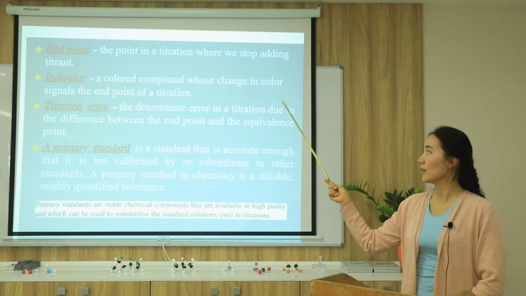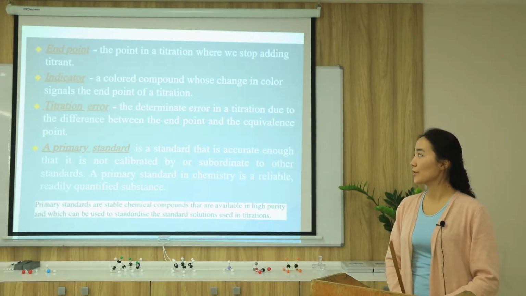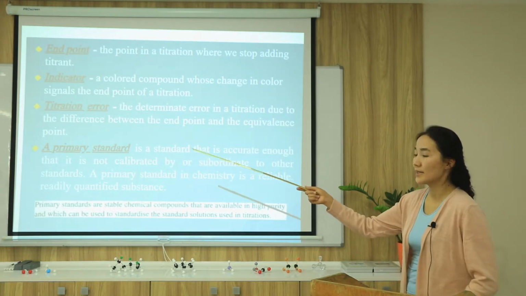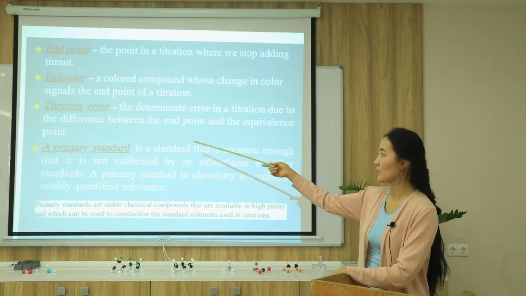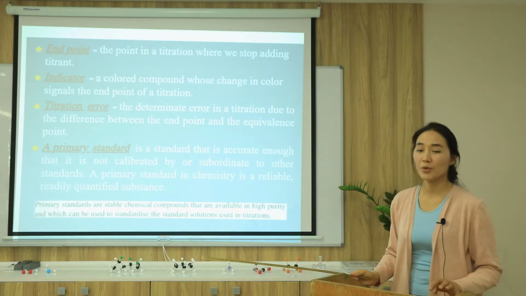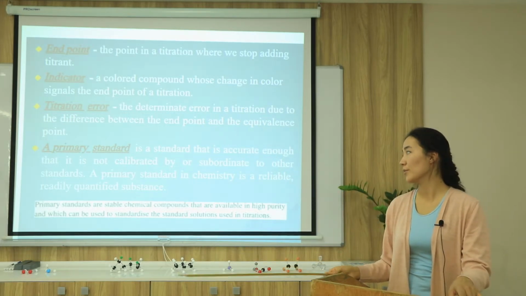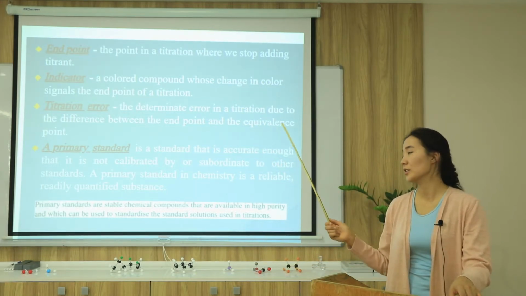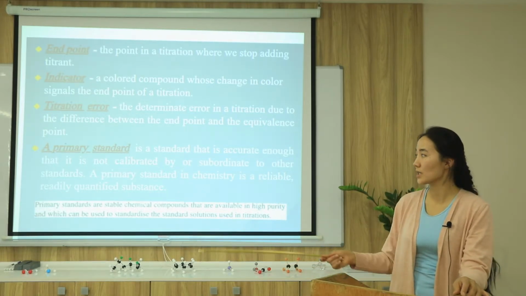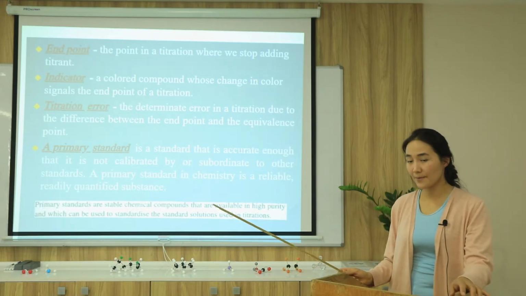An indicator is a colored compound whose change in color signals the endpoint of the titration. We also have the titration error in some experiments. It is a determinate error in a titration due to the difference between the endpoint and the equivalence point. And we also have the primary standard and the secondary standard. A primary standard is accurate enough that it is not calibrated against other standards.